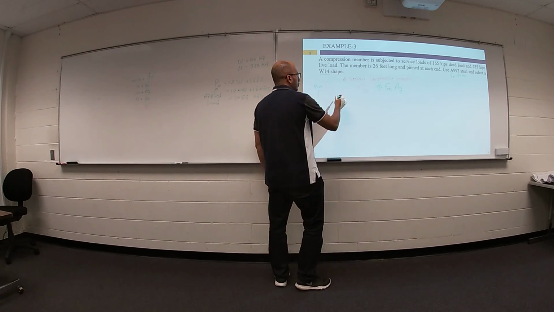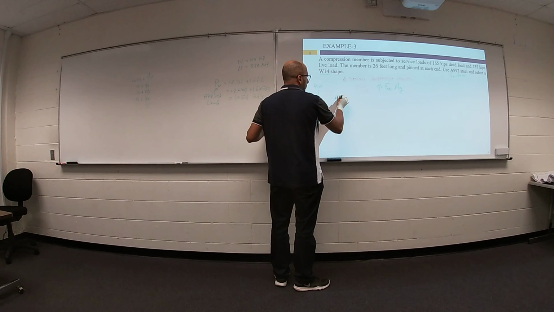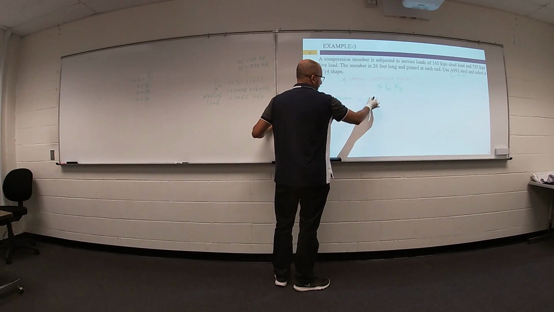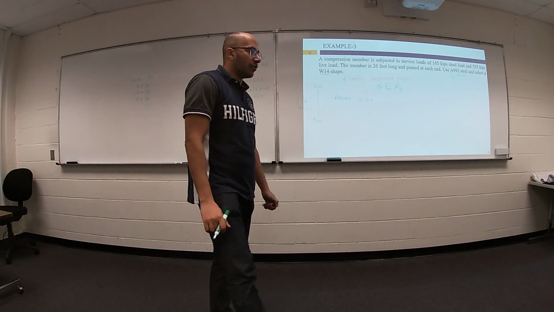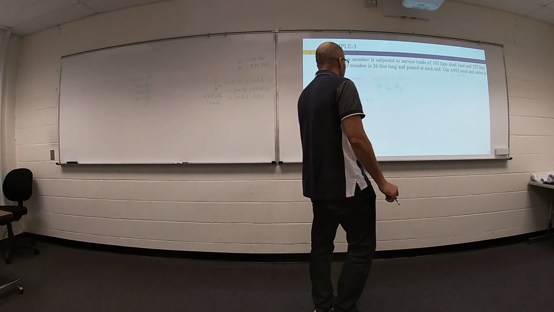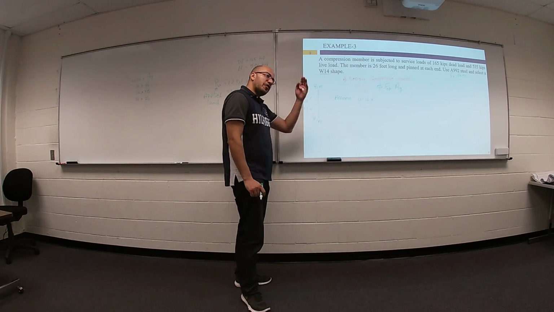So let's start with the first cross section. Assume W14. Can you pick a cross section from your table starting with W14? Any cross section. Not the first one, not the last one, in between.